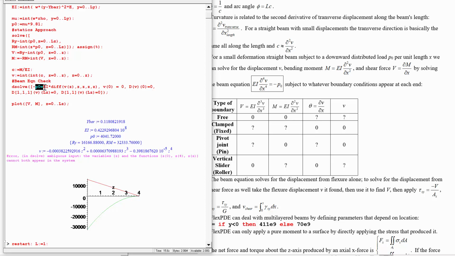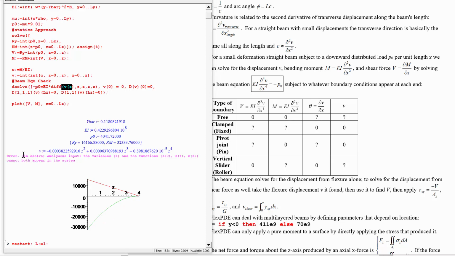We said P naught. P naught is just a thing. It doesn't depend on where we're at with respect to z. We've got a fourth derivative of V at Z. And now did I put V for each of these? V at 0 is 0.